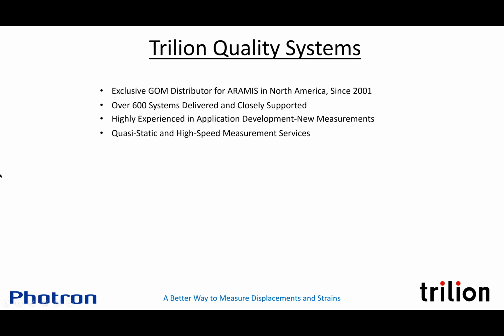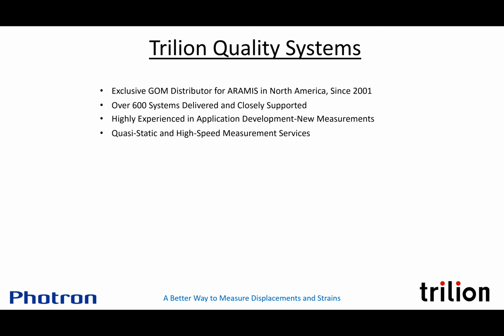So Trilion is the exclusive distributor for a larger German company called GOM. We've been doing this since about 2001. We've got over 600 systems delivered and closely supported. We do a lot of application development, figure out how to make new measurements for the first time. And high speed is actually a great example of that.